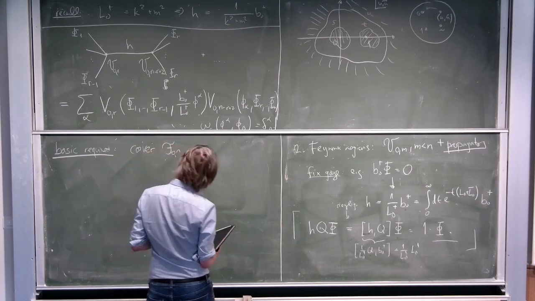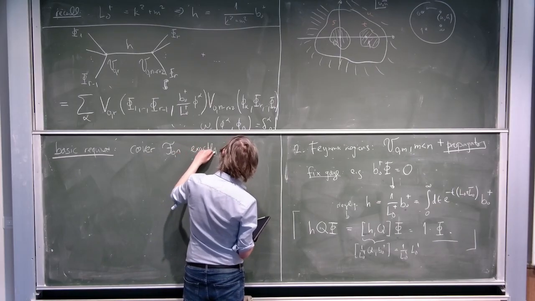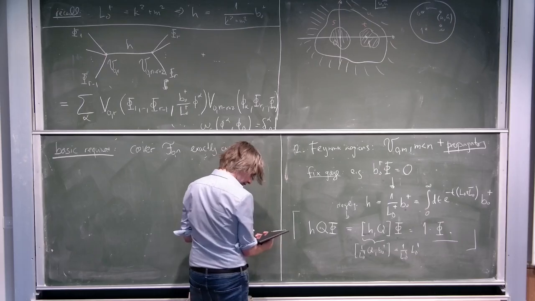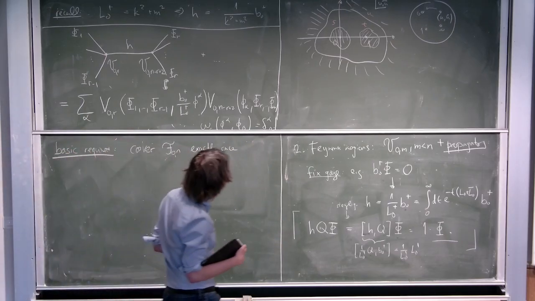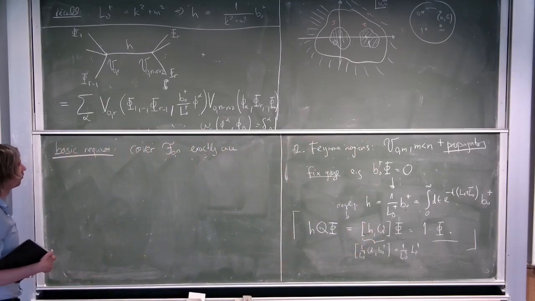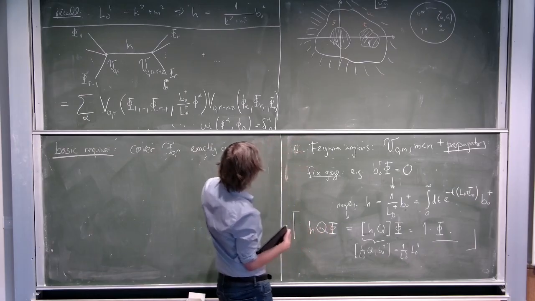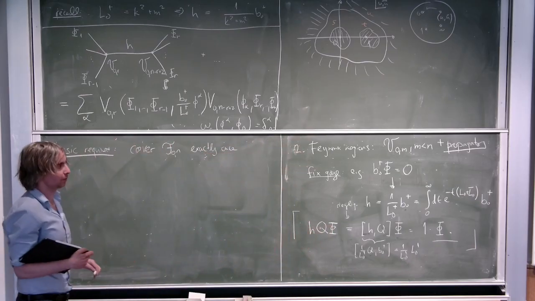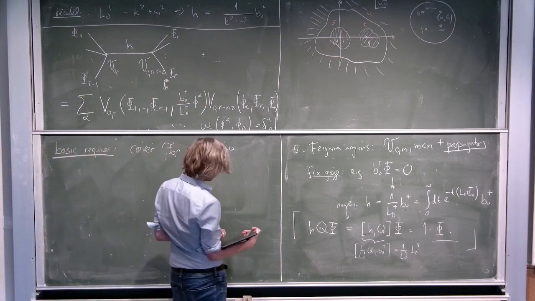Right? So we need to cover F0n exactly once, with no gaps and no overcounting, right? So whatever was missed by these Feynman regions in that particular picture, exactly that I need to cover by the elementary vertex V04 in that case, right? So let's think about what this statement means.